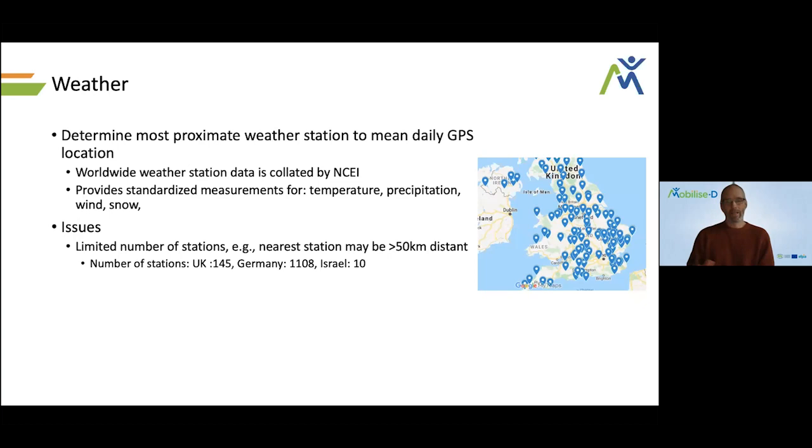The little image on the right shows the weather stations in the UK. And as you see, there are very few weather stations in South Wales. So if we have an individual in that area, it could be that the nearest weather station is over 50 or even 100 kilometers away from where they are.